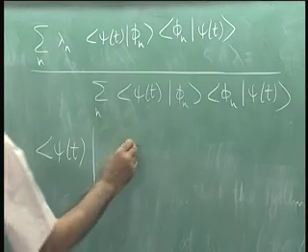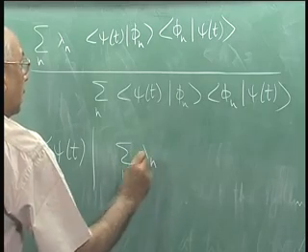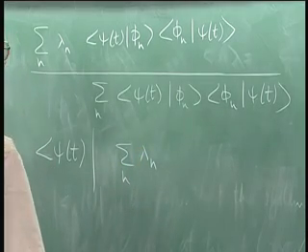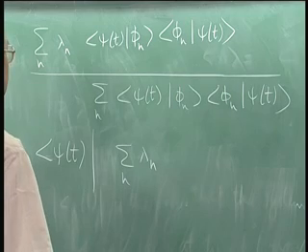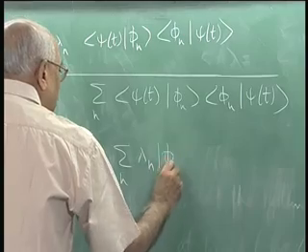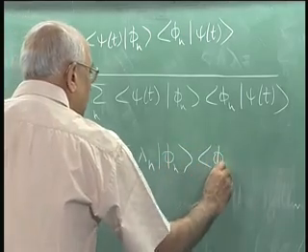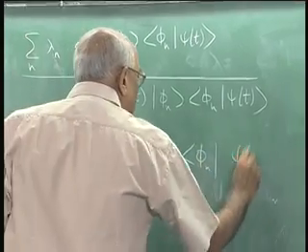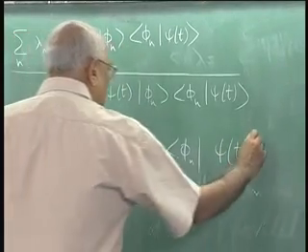The summation over n, lambda n, phi n, psi of t ket vector.